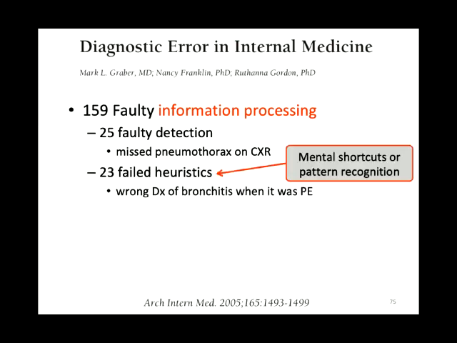Failed heuristics. So heuristics are mental shortcuts. And the example they have is a patient who was diagnosed with bronchitis, but who had a true diagnosis of a pulmonary embolism. And it probably doesn't take a lot of imagination if you're working in an emergency department and there's a virus going around and you're having a high volume of patients come in with cough, and the true diagnosis 9 times out of 10 is going to be a viral bronchitis.